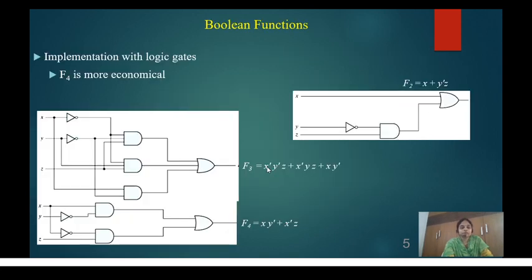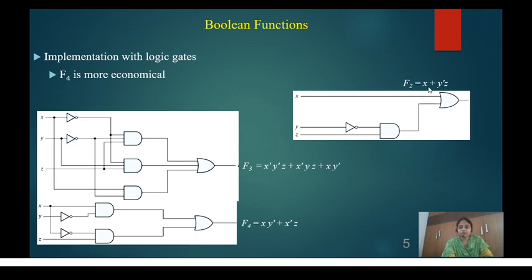Next, these functions can be implemented by using logic gates. See here f2, x plus y complement z. So y complement z is an AND operation, a product between these two variables. For y complement, take the input y and give it to the NOT gate, and you will get y complement as the output.